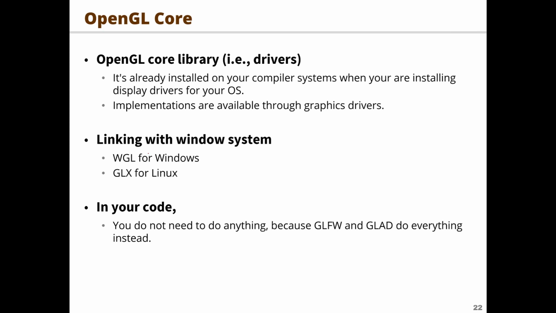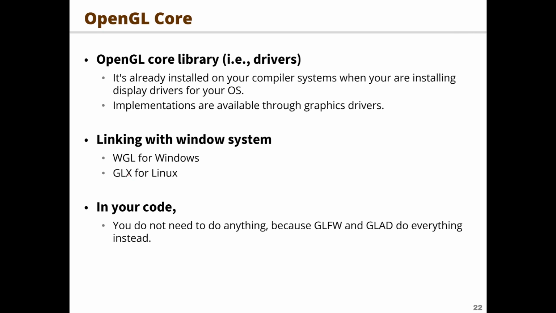For linking with the window system, on Windows we need WGL, on Linux we need GLX, and for Apple we need AGL. That is not handled by the user. That is usually provided by a windowing abstraction library such as GLFW.